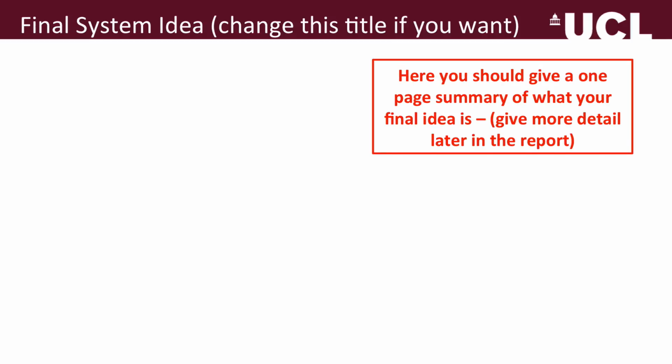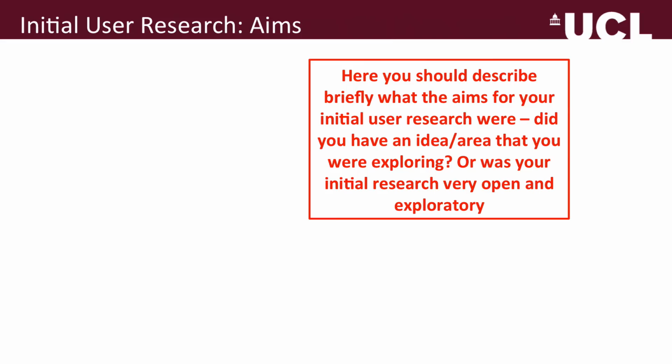So the idea is that you present up front what your final product or extension or system is going to be. So we know where things are going to end up, but you're going to get the opportunity to elaborate on this and give a bit more detail later on in the report. Initial user research, the aims.